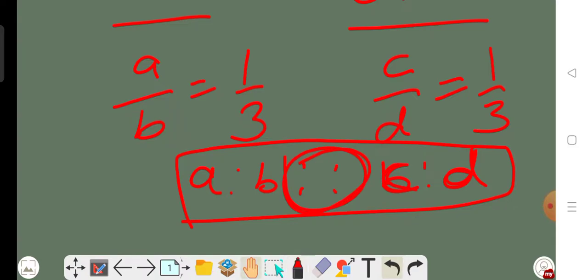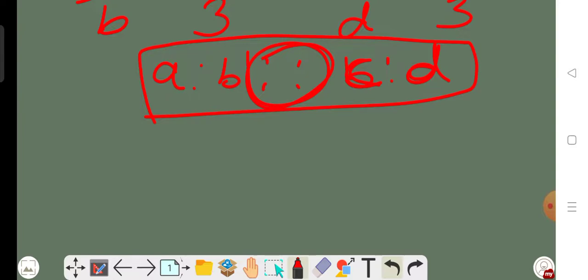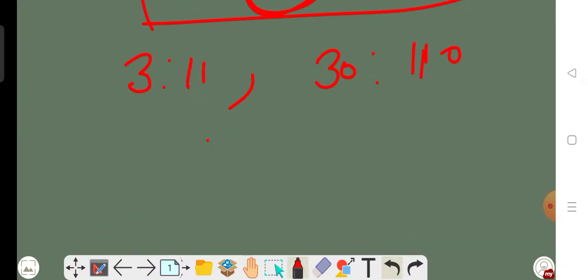Now we have to check how we can check whether two given ratios are in proportion or not. For example, if you have 3:11 and another ratio 30:110, first of all, you will write the ratios as 3/11 and 30/110.